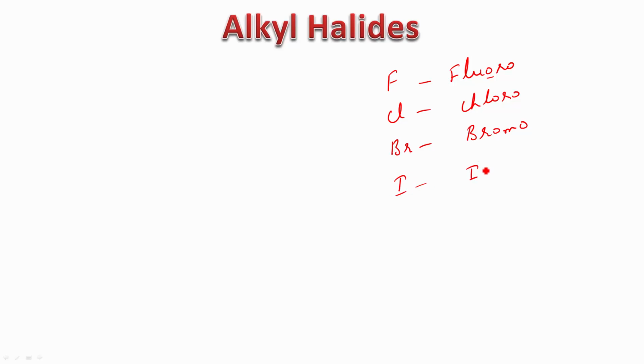Iodine is iodo. And these are treated with the same importance as any other alkyl group, meaning no special numbering has to be given for these, except when you want to look at it from the point of view of the alphabetical order.